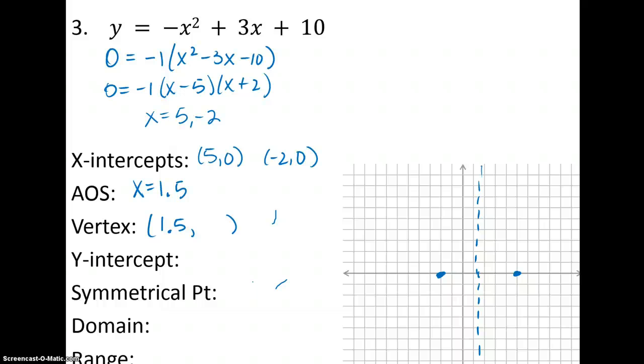Okay, so my corresponding y value, when I plug in, I get y equals negative 1.5 squared plus 3 times 1.5 plus 10. And I get y to be 12.25. Now, how did I get that 12.25? I used my calculator.